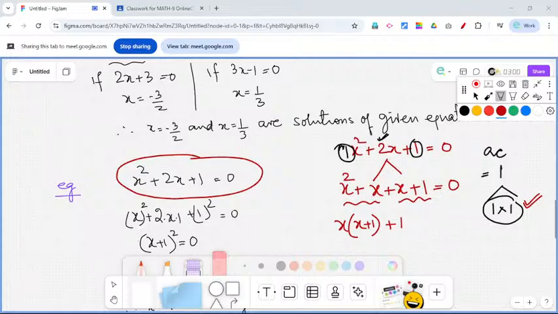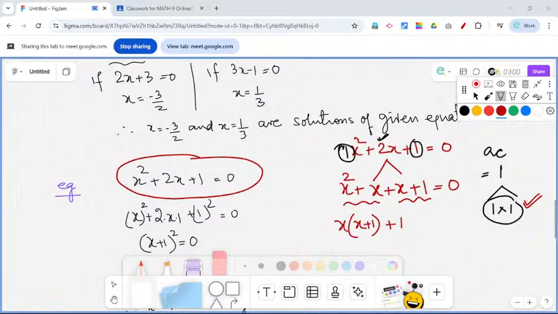And I know that this form, now this is my polynomial. This polynomial is equal to this, and this can be written as a plus b multiplied by a plus b. So in a way I found the factors of this polynomial.